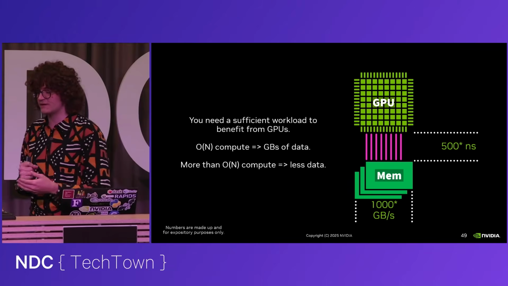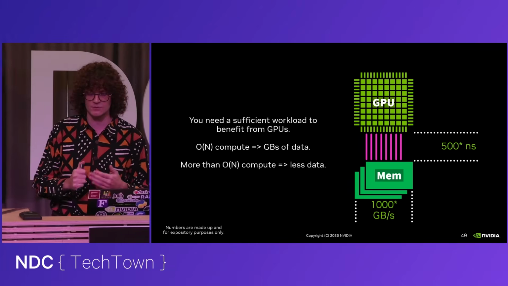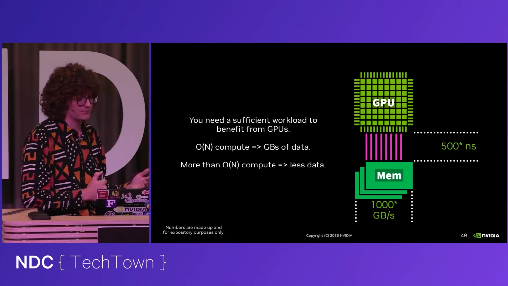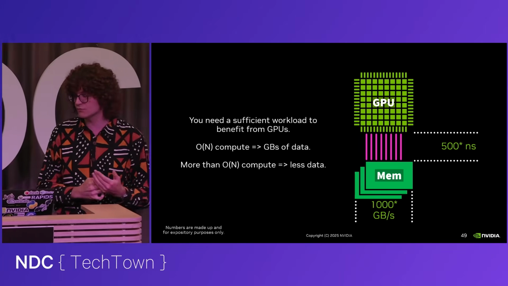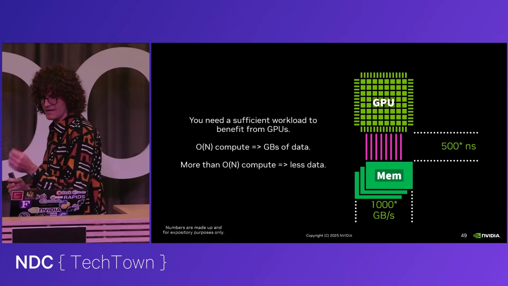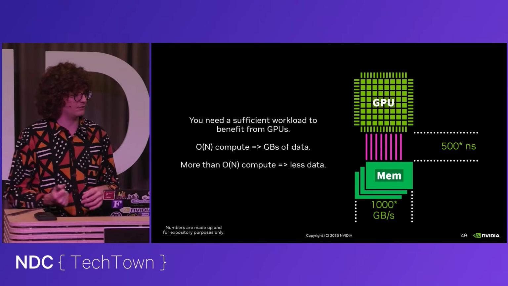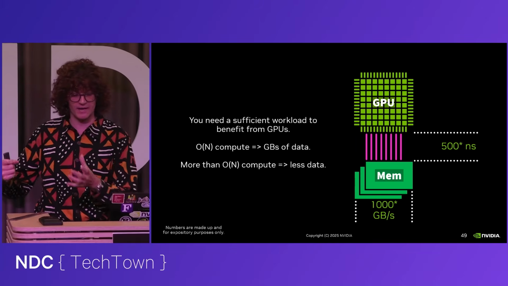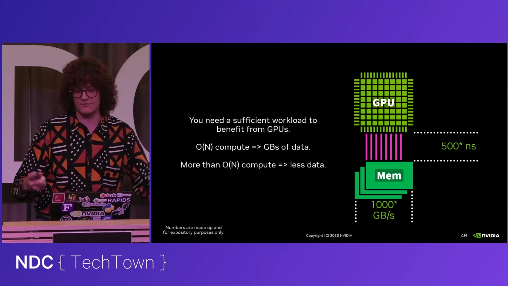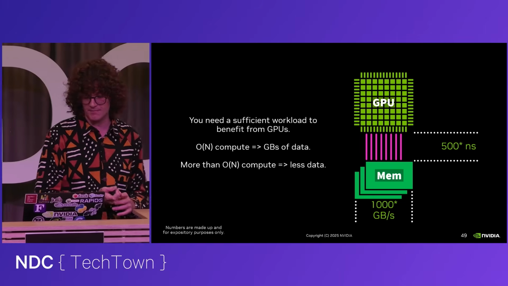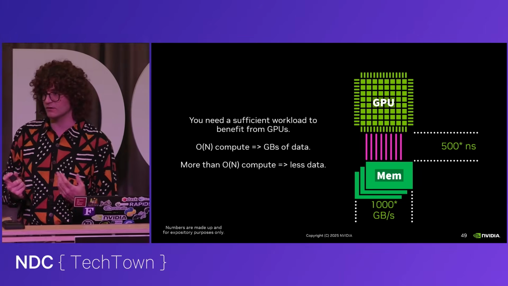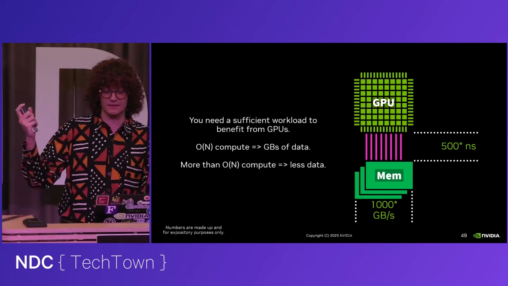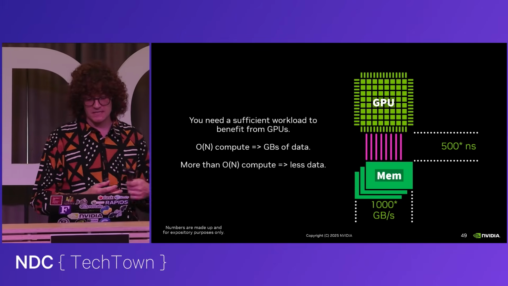Your workload is defined by how much compute you're doing per element, which we call the operational intensity, and how many elements you have. A good rule of thumb is that if you're doing O(n) compute, like 4 adds per element, or applying a function to each element or summing them up, then you typically need gigabytes of data, or millions of elements, to really see a benefit.